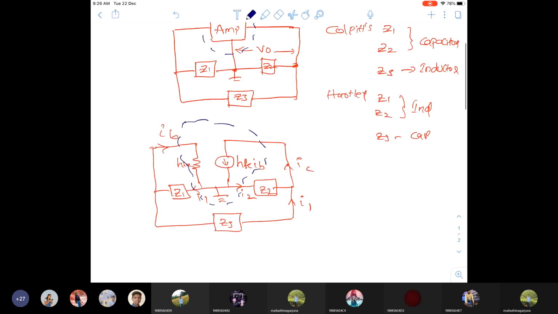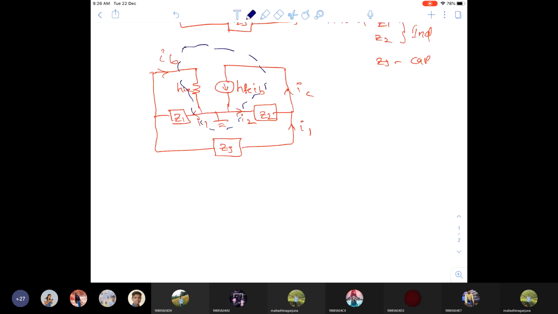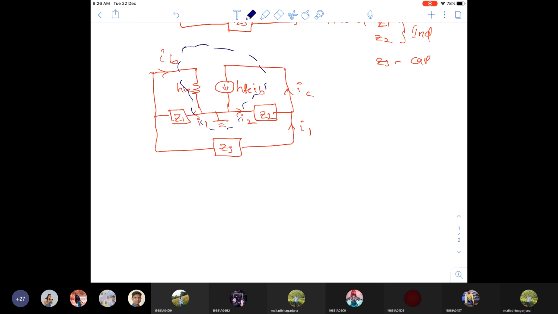Now let us look at the simplified circuit diagram and write some standard equations. The output is taken across Z2, so this is the output voltage. Let us calculate the equivalent load resistance.